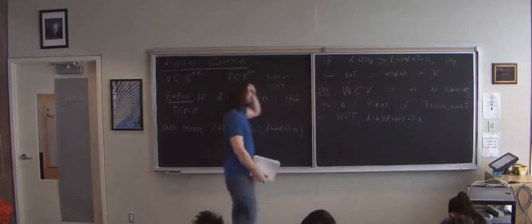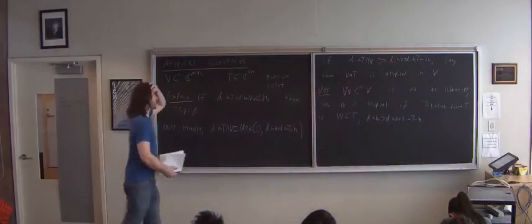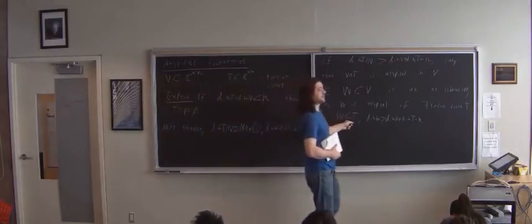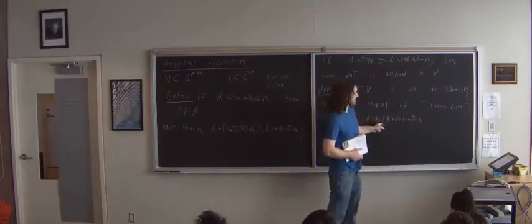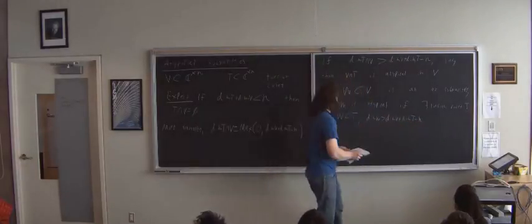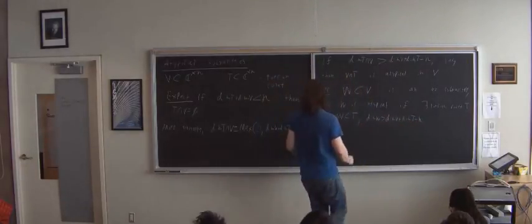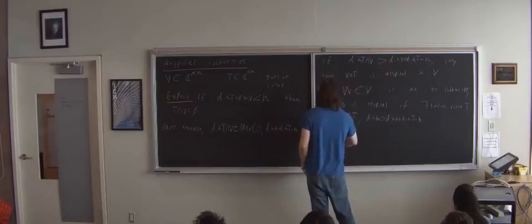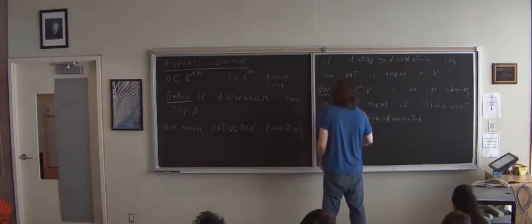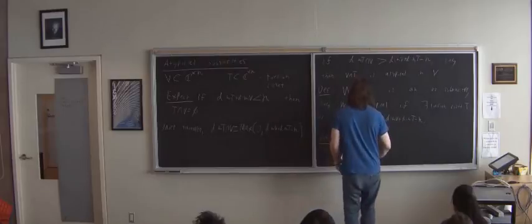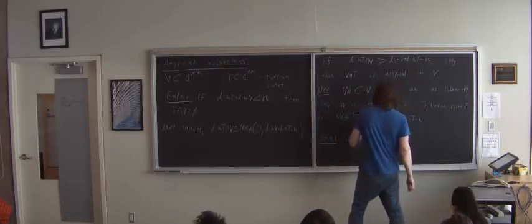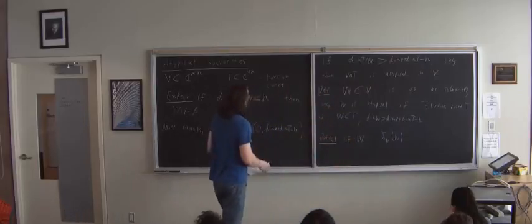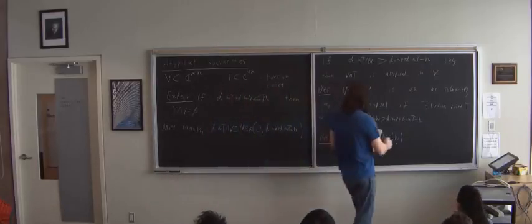Okay, so we can actually make this a little more precise. We can say how atypical W is, and it gets more atypical the more this is bigger than this. So we can define the defect of W with respect to V. This is defined in different but equivalent ways throughout the literature.